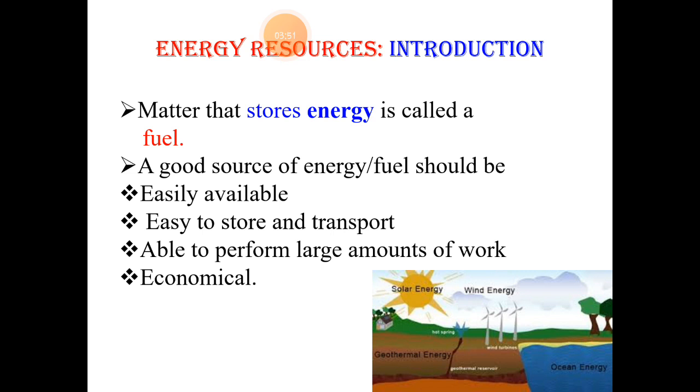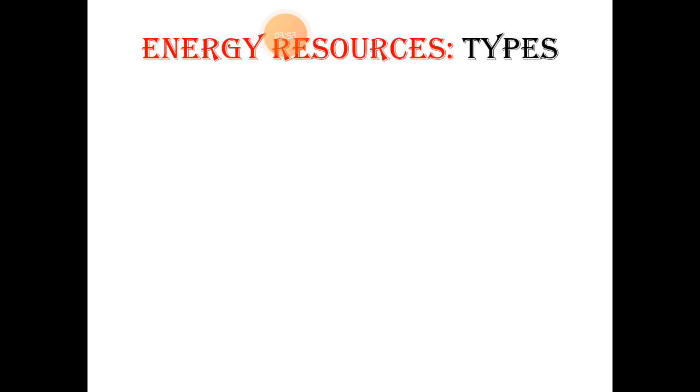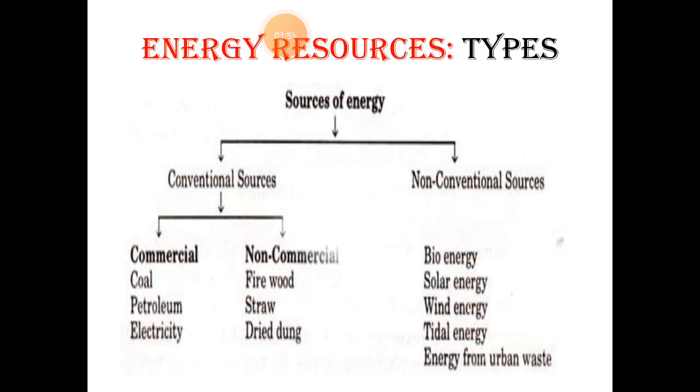This fuel or source of energy is further classified into two types. Namely, the first one is conventional sources, which have been used in practice since decades. Examples are fossil fuels like coal, petrol, firewood, then dried cow dung, etc. The second is non-conventional energy resources.